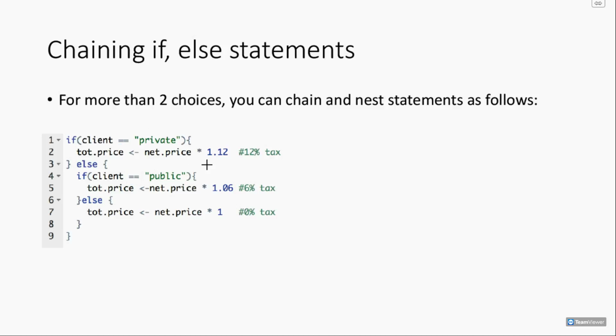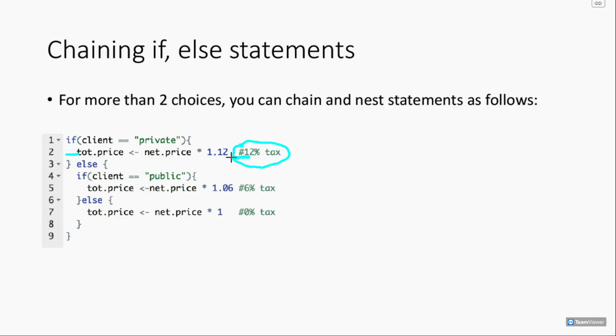So in this example, we are testing what the value of the client variable is. If the client variable is equal to private, then we want one part of the code to be executed, which is within this if statement. This is the line that we want to execute: the total price is net price times 1.12. And if you remember from our very first class, this is a comment because it starts with a hash sign or a pound sign.